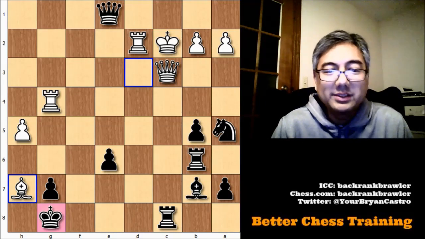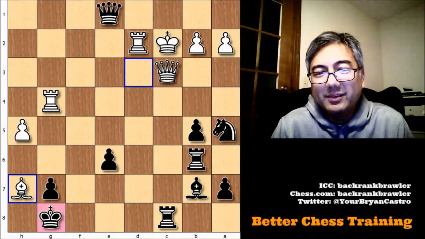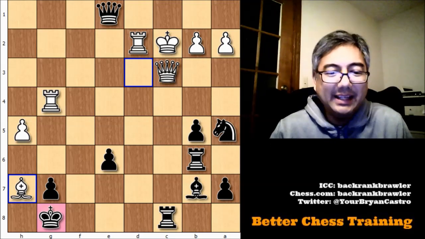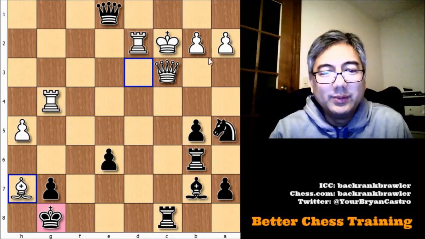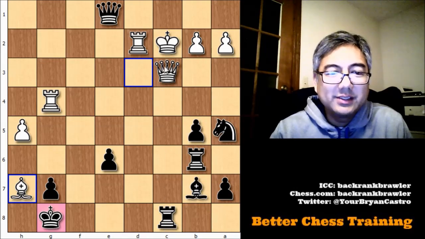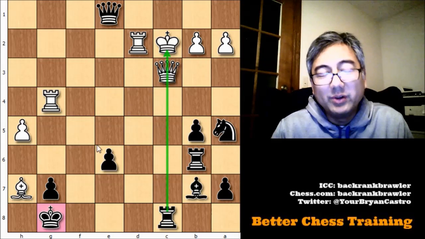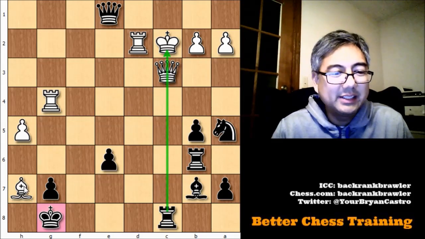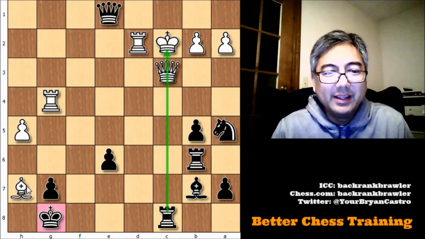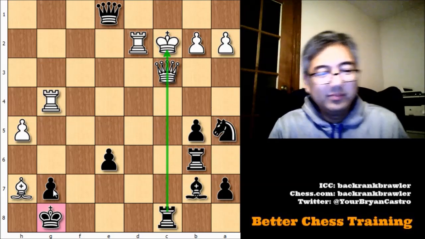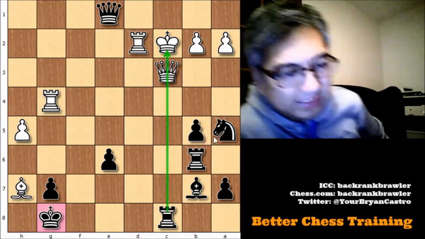Now, hopefully you noticed that white's queen is pinned. Before you noticed that, you might have thought, well, if king takes h7, then queen takes g7 mate. So that is not possible.